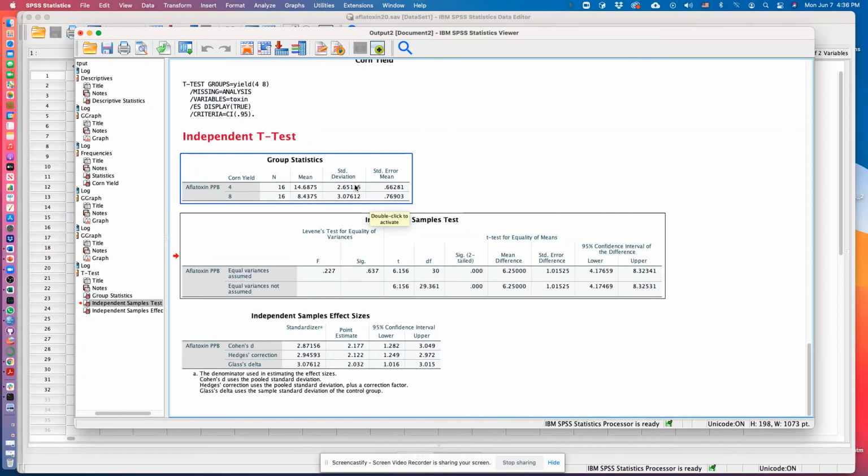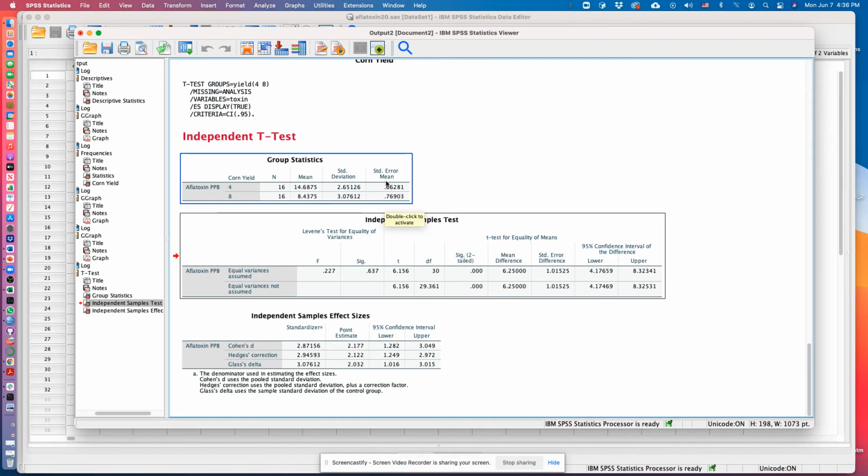So we see the standard deviation for group 4 is about 2.6, while that for the group labeled 8 is 3.0, and the standard error of the mean for each is 0.66 and 0.79. So the variance here is relatively the same.